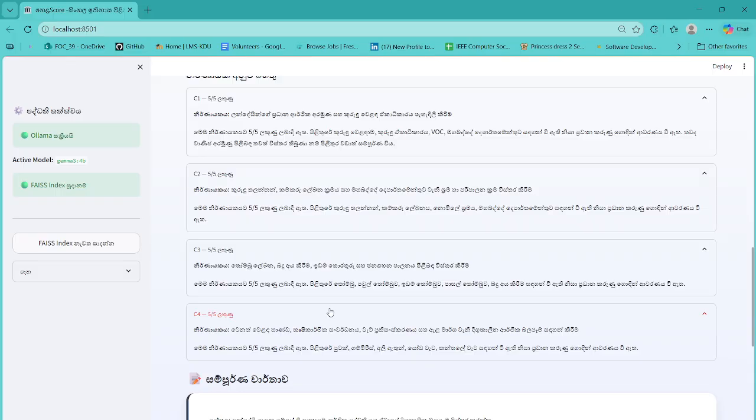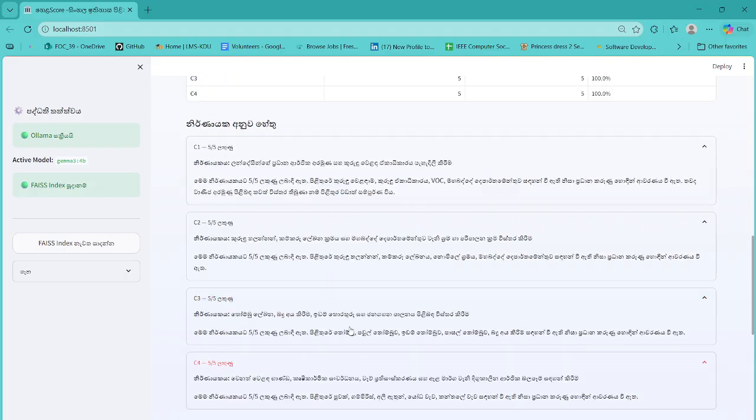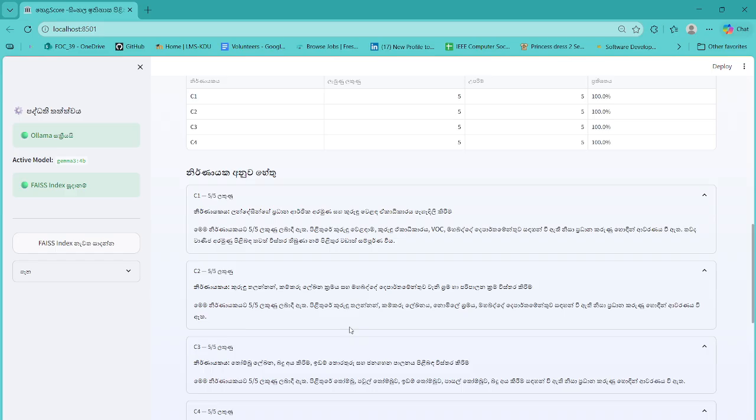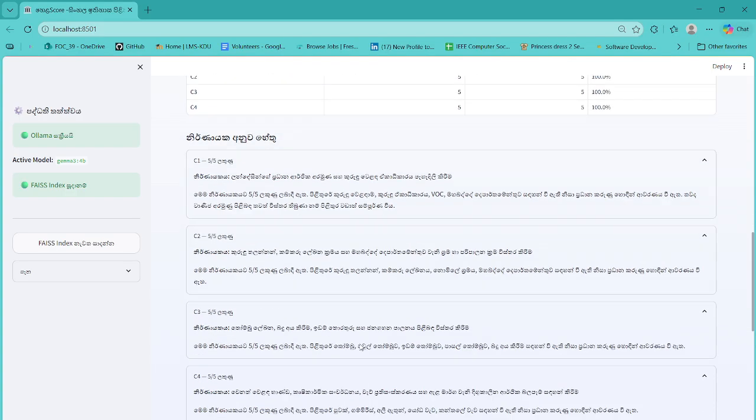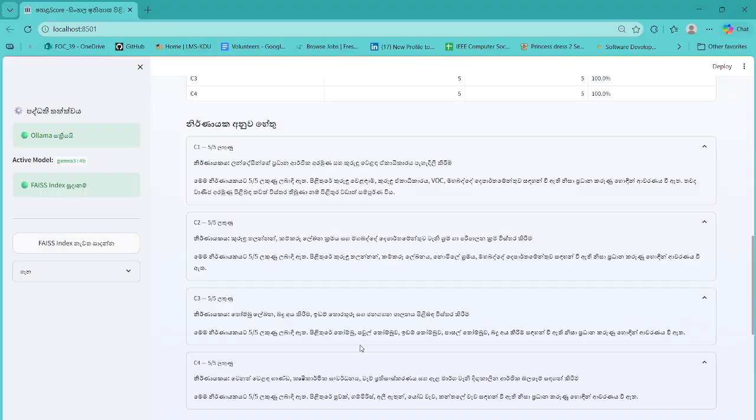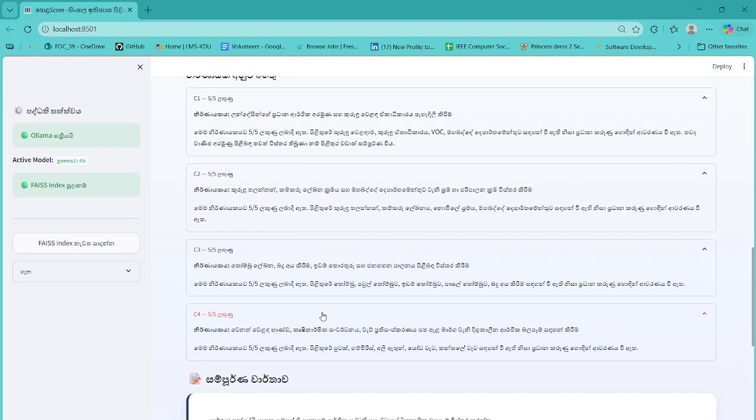But actually this is important because the system does not give only one general mark, it gives a criterion level explanation. So each criterion includes a single reason explaining what the answer covered and what was missing. These explanations are generated after validation, so the final total and the reason remain consistent.